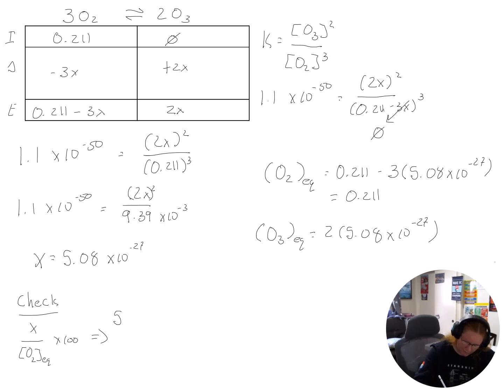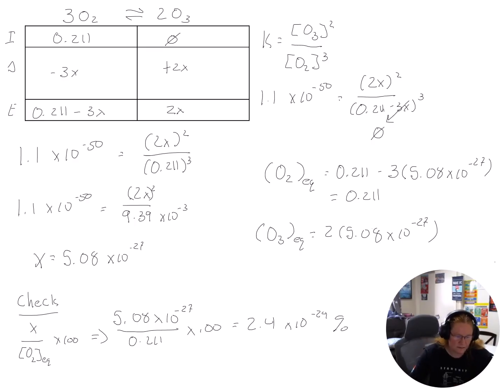So 5.08 times 10 to the negative 27th divided by 0.211 times 100 is equal to 2.4 times 10 to the negative 24th percent. All right, is that less than a 5% error? Yeah, absolutely. So it holds.